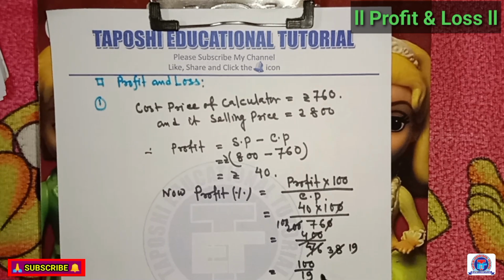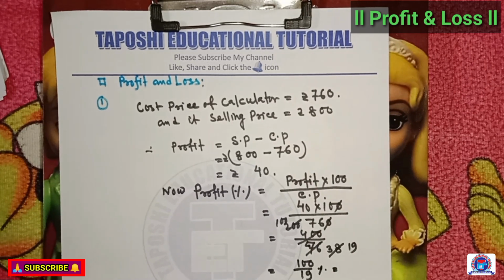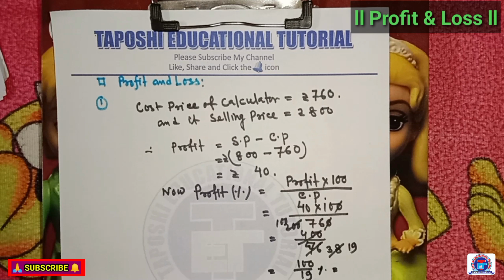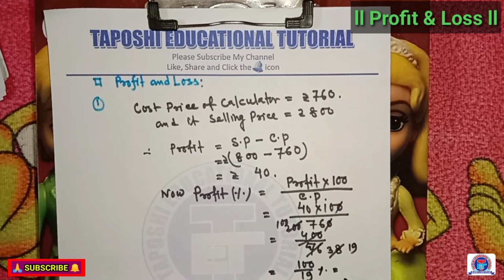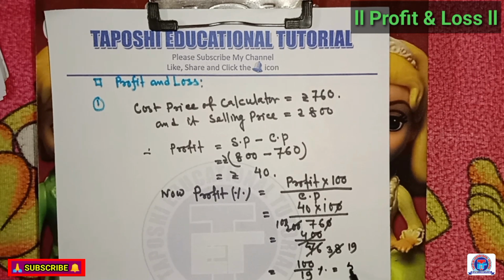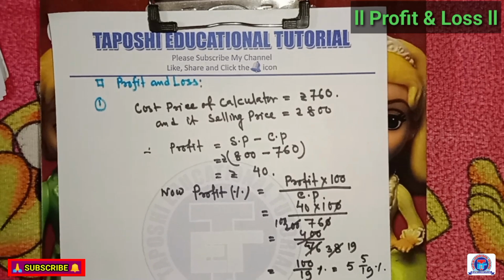So this percentage will become how much? This one 519 ja, this one 545, that means 5, and this one 95. So 5 whole 5 by 19 percentage.